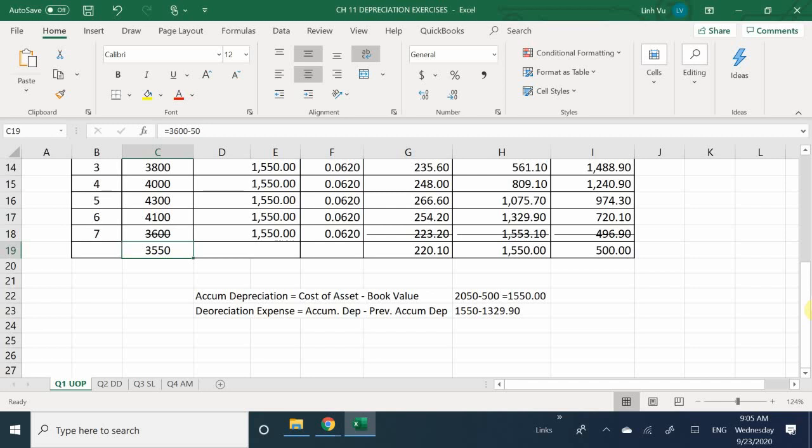Yes, because you can't go beyond capacity, right? And same thing here, that applies too. Your book value can never go under your salvage value. So in this case, either way we've solved for it is the right way.